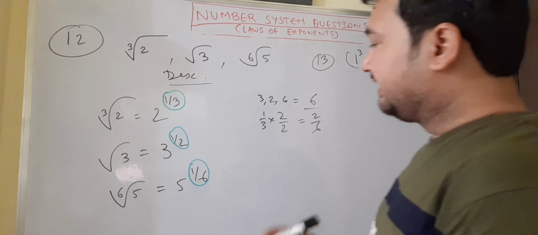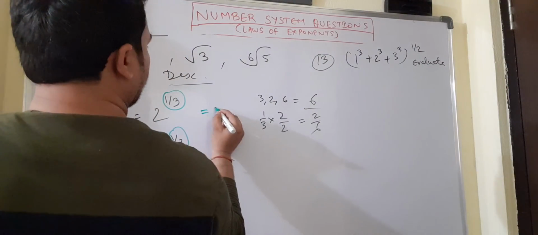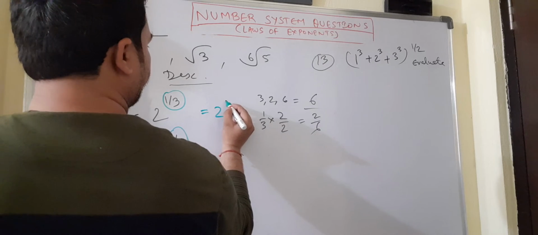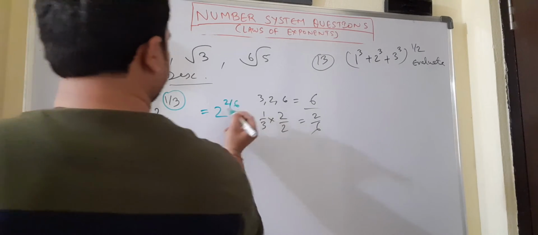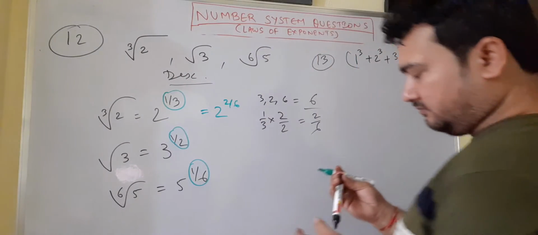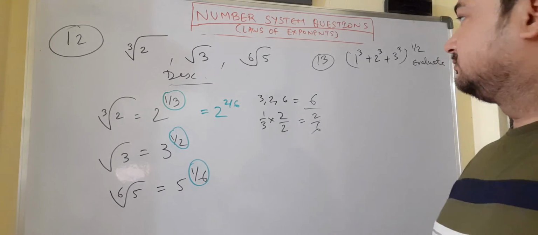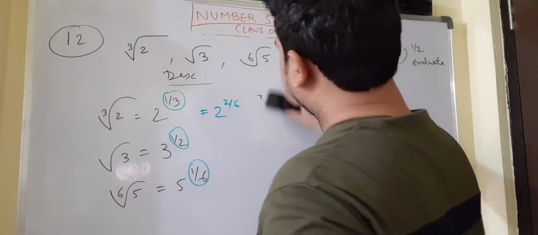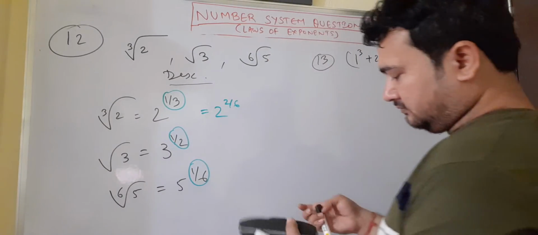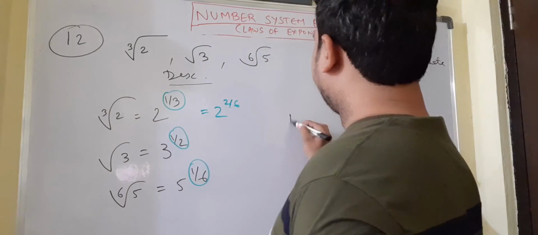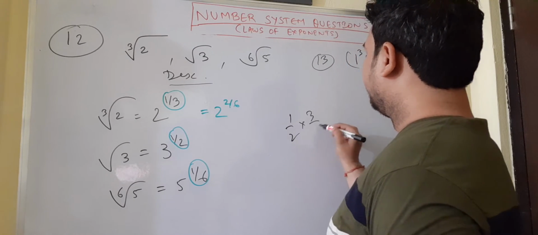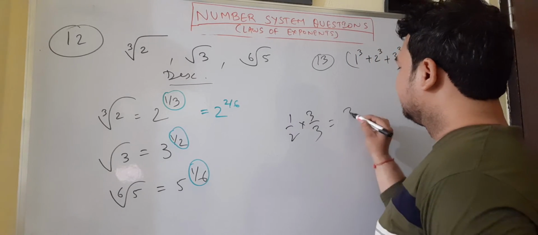So you can write it as 2 to the power 2 by 6. Similarly, for 1 by 2, you can multiply and divide by 3. You will get 3 by 6.